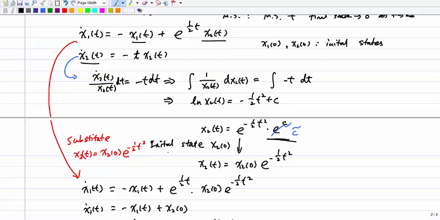By using the initial state value x20, I can compute x2t as just x20 times e to the negative 1 half t squared. So that's the solution for x2t.